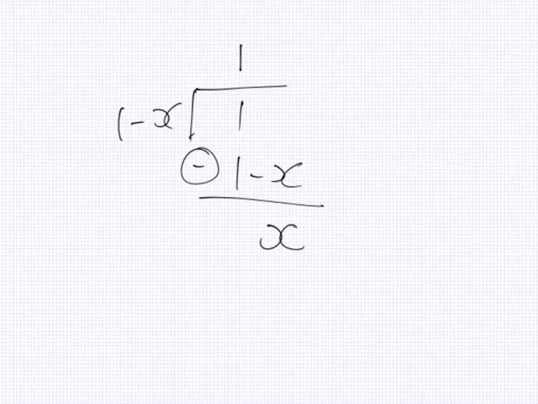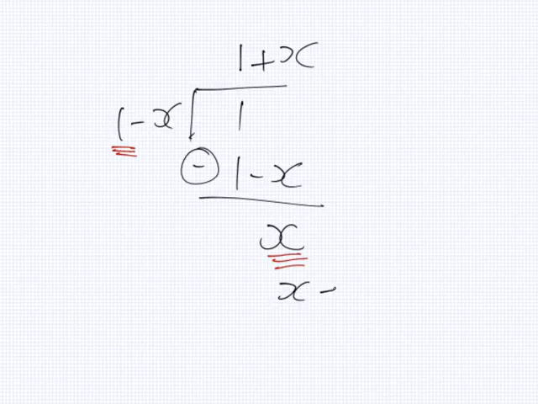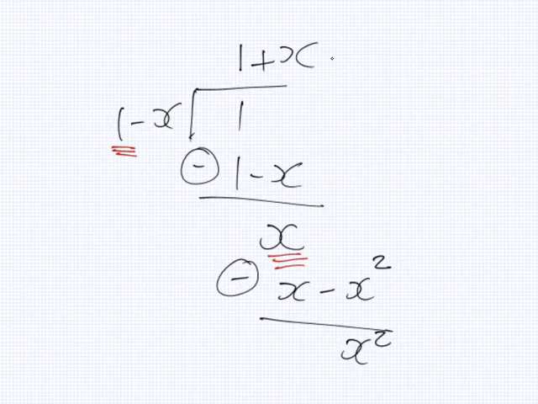X. Yeah. Now, what's the next number? And remember, we're trying to match this to this. So the next one should be x. And you have x minus x squared. What am I left with? X squared. Now, what's the next one? X squared. Plus x squared.